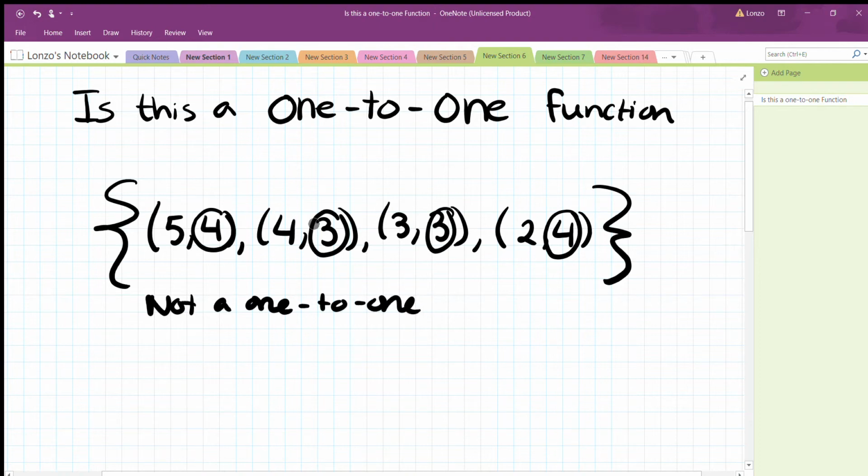We have a 4 here, 3, 3, 4. So the 4 repeats and the 3 repeats. You can't have repeating y values. It may not be a one-to-one function, but is this just a regular function? Let's look at the x values: 5, 4, 3, 2. It's not one-to-one, but it's still technically a function.